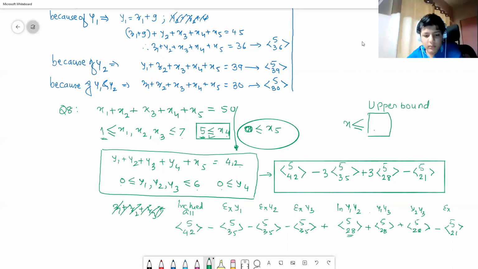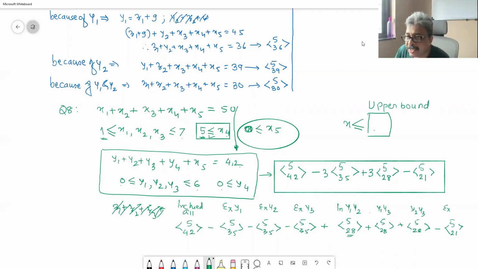So when upper bound is there, it is dangerous. It is a little tricky, a little difficult. When lower bound is there, it is easy. You just subtract this number from the RHS. It is as good as putting those many ice creams in the basket to start with and then start solving the problem.